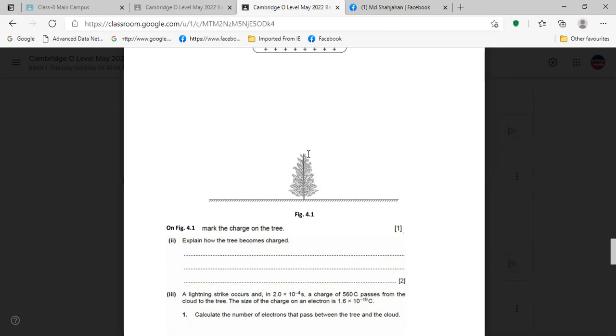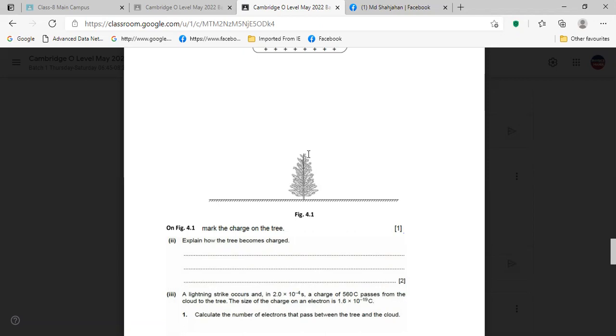So that's affecting the tree. So we have to bring our answer with the tree. Why does the tree become negatively charged? It's due to the positively charged cloud, right?